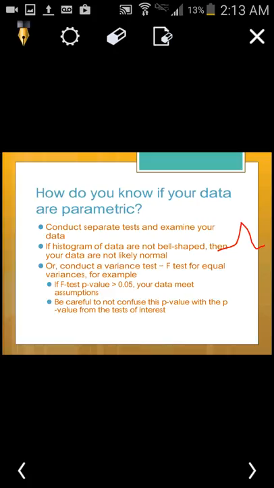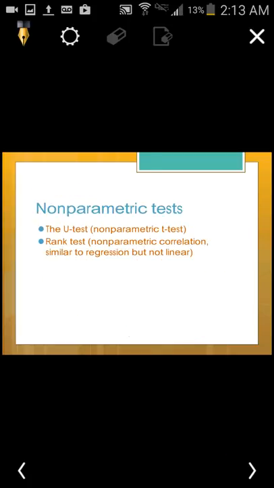P-values greater than 0.5 indicate that you have no significance and you would meet your assumptions. Be careful not to confuse this p-value with the p-value from the test of interest. I don't know what that means. They seem different.